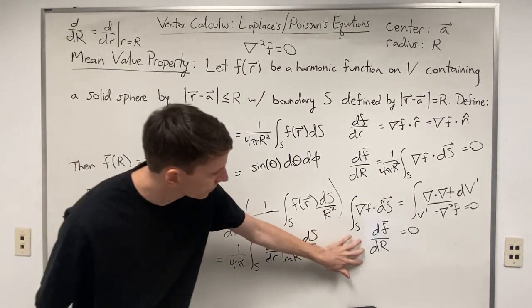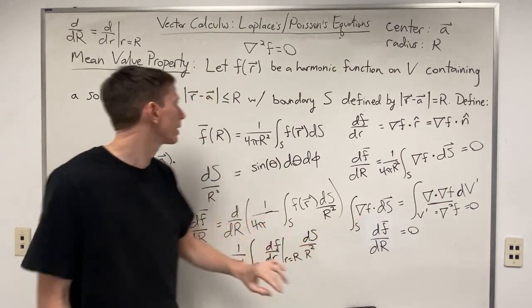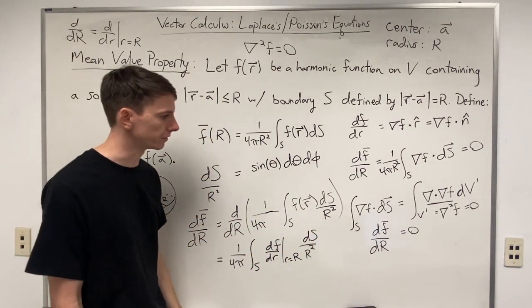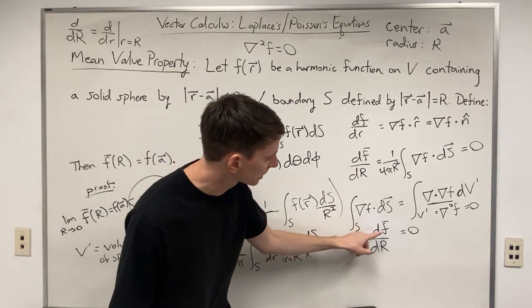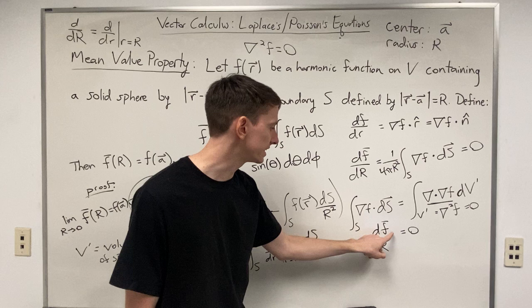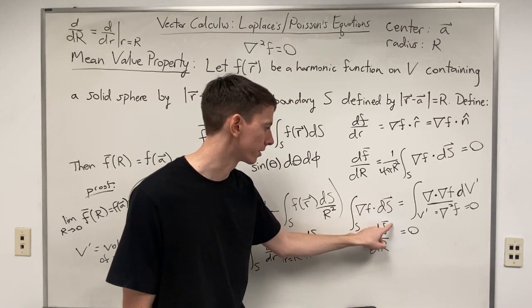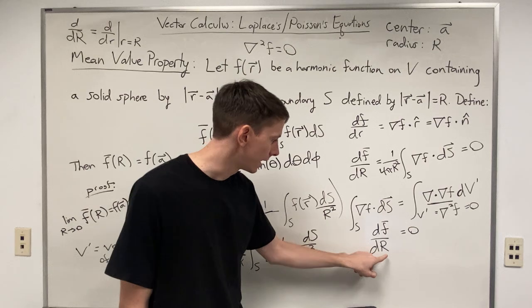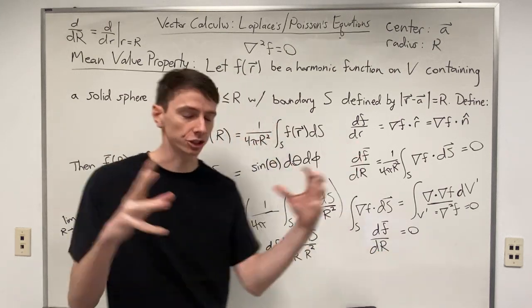So what this derivative is telling us, and this is why we use this uppercase R notation for the derivative, is that if we were to look at the average value of our harmonic function, and see how it changes as we change our radius, basically the fact that it's 0 says it doesn't change.